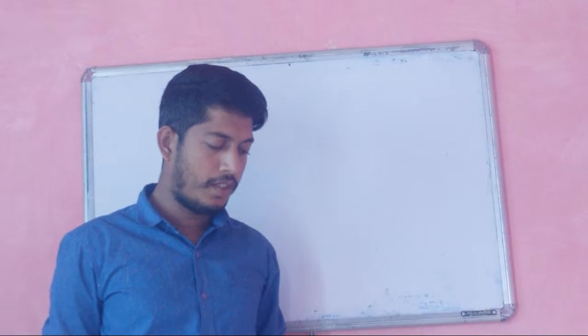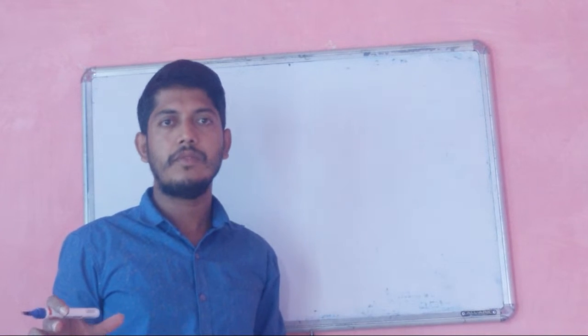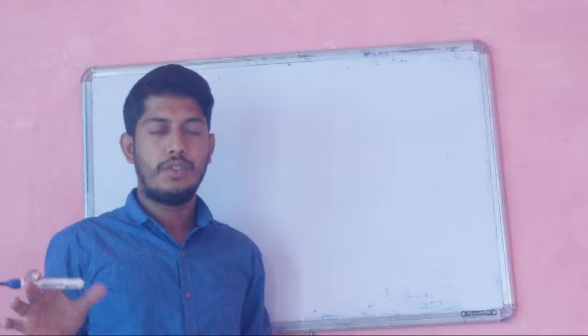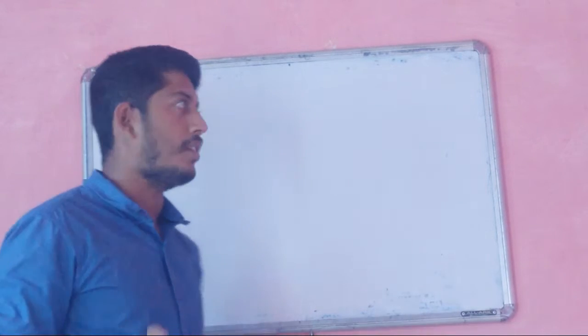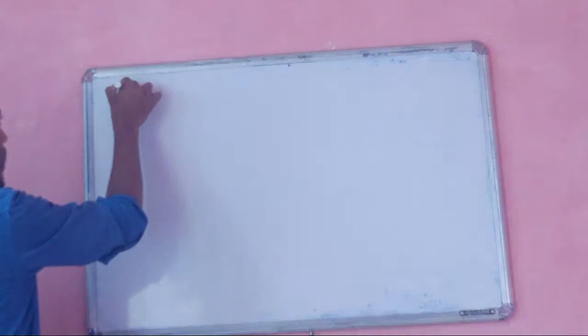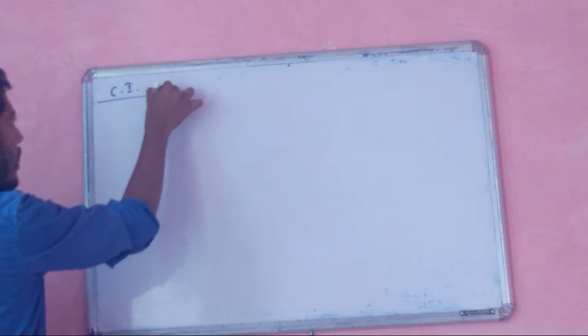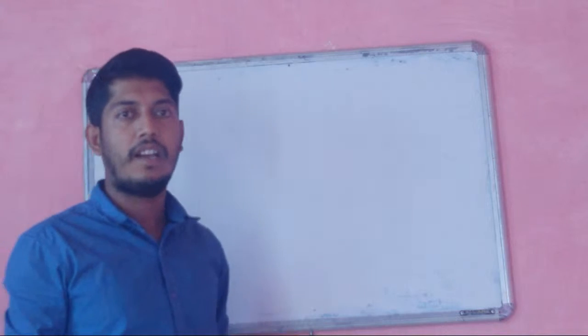First I will write the frequency distribution table. They gave the monthly consumption in units, which I will call the class interval, CI for short.